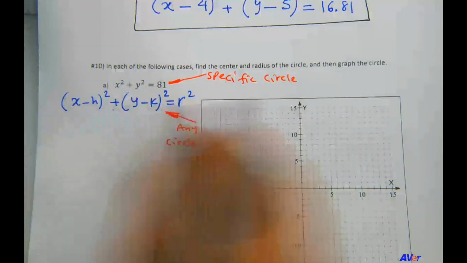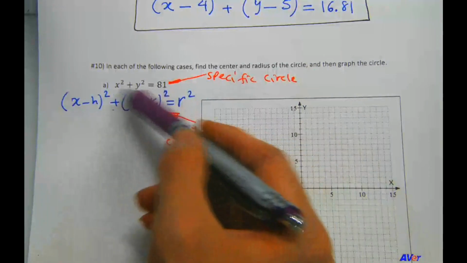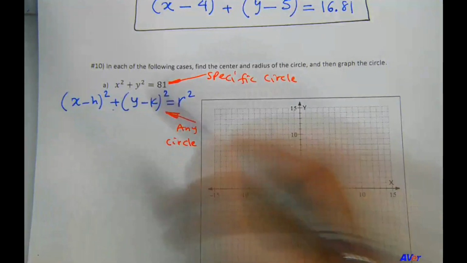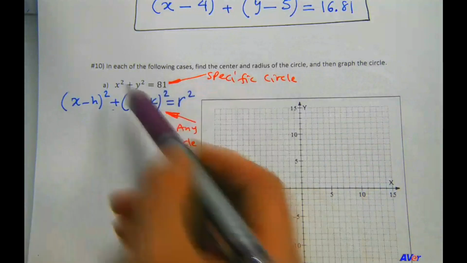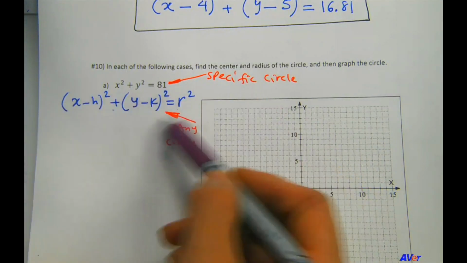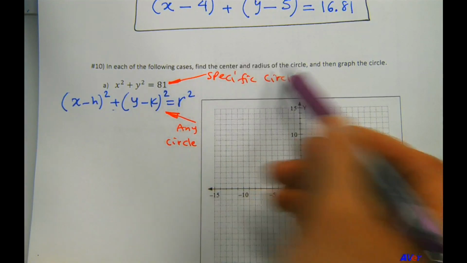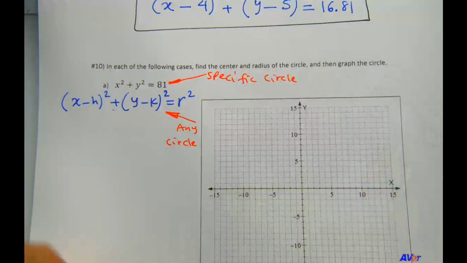So the question is implying to compare this specific case they're giving us with the general case and find where the center is and what the length of the radius is. And then they say graph the circle too.